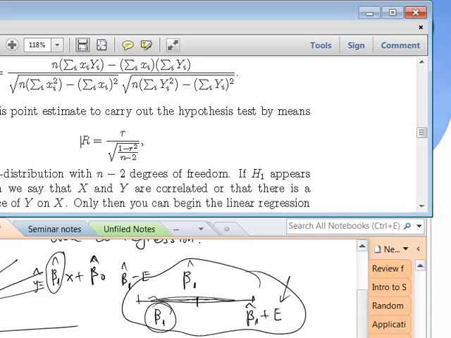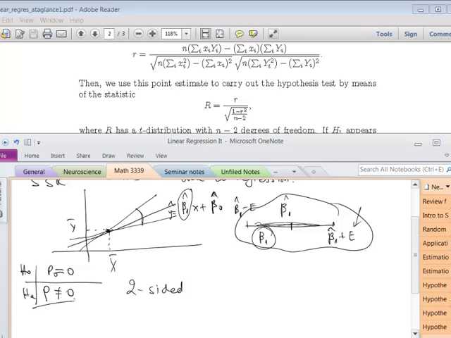So if you can reject the null hypothesis, if the alternative hypothesis is acceptable, then that means that a linear correlation exists between the two random variables, x and y, or between what we would call the explanatory random variable and y, the measurable response random variable, and therefore you can proceed with the linear regression.